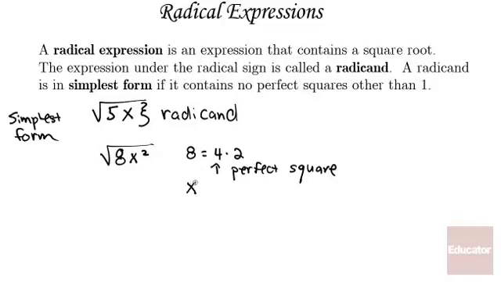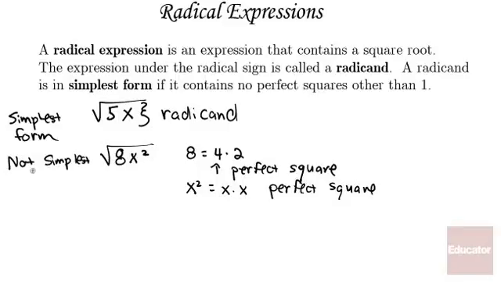X squared also is a perfect square because it's the product of x times x. So x squared is a perfect square, and this is not in simplest form. Shortly, we'll be discussing how you would change this expression and similar ones into simplest form.